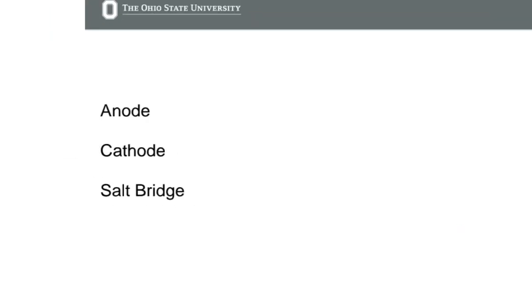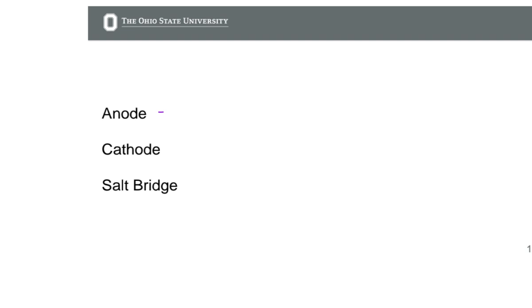I'm going to leave this slide. Make sure you can figure out what is happening at the anode, what's happening at the cathode, and why the salt bridge is important. Okay, I'll leave that to you all to write in your own words.